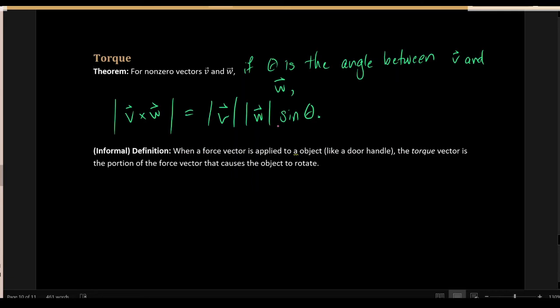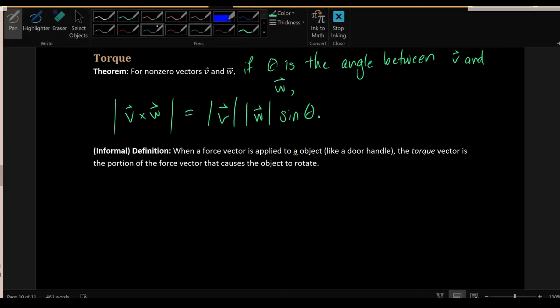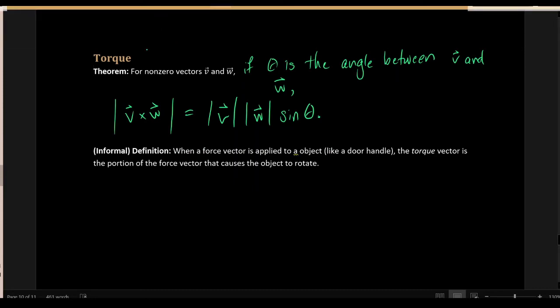Now, a few things of note about this equation. First of all, never use this formula. I can't think of a single situation where I would ever use this formula to calculate the angle between the two vectors. Think about how much work would be involved in doing such a thing.